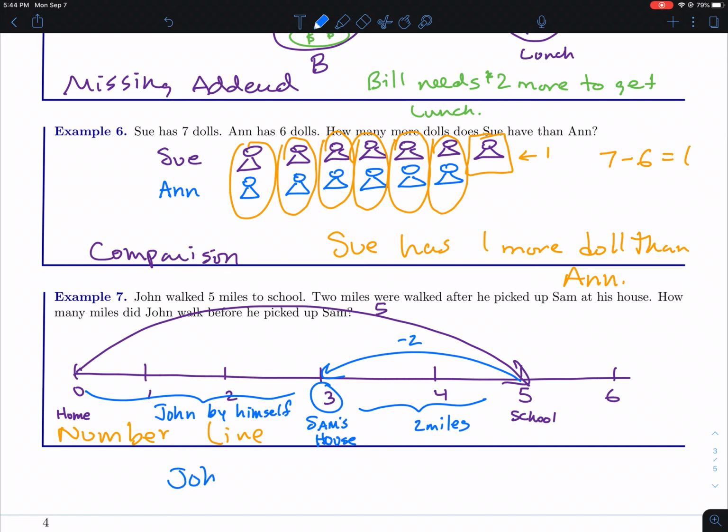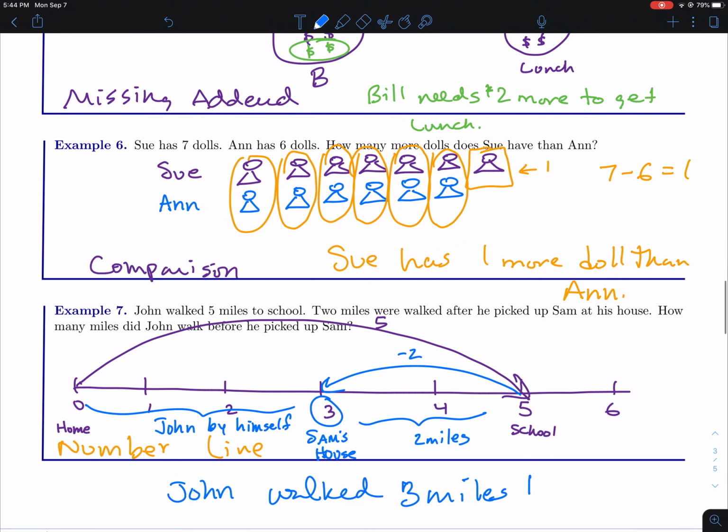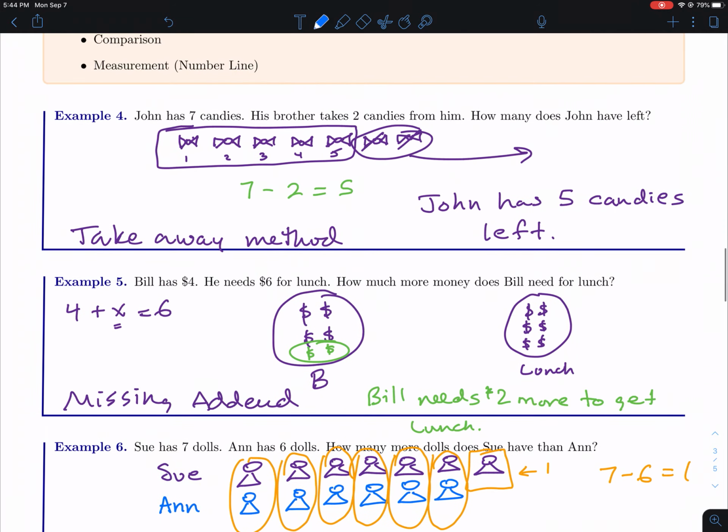So in this case, John walked three miles by himself. All right. So this gives you a sample of every possible scenario out there.